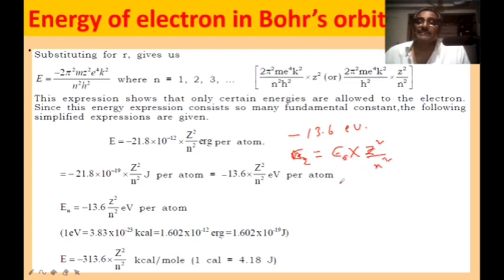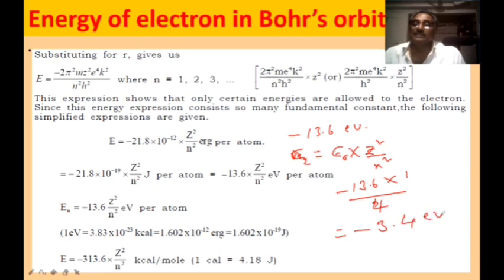For the hydrogen atom, E0 is minus 13.6, Z is equal to 1, and for second orbit N is equal to 2, N square is equal to 4. That is minus 13.6 by 4, that is equal to minus 3.4 electron volts.